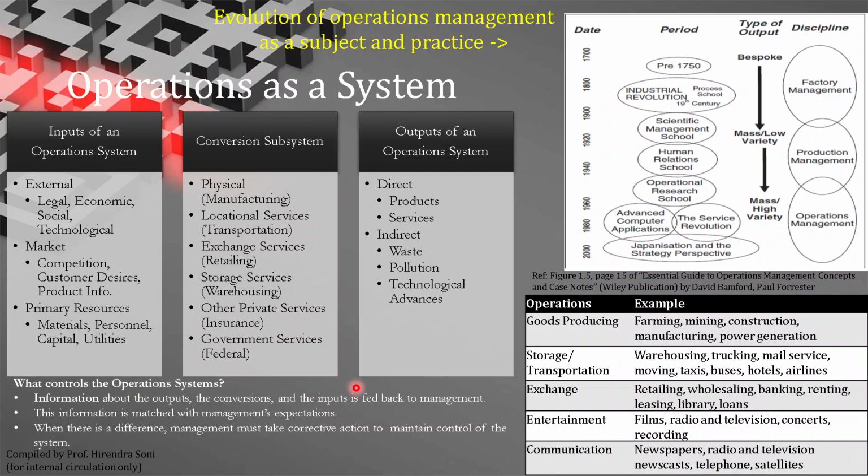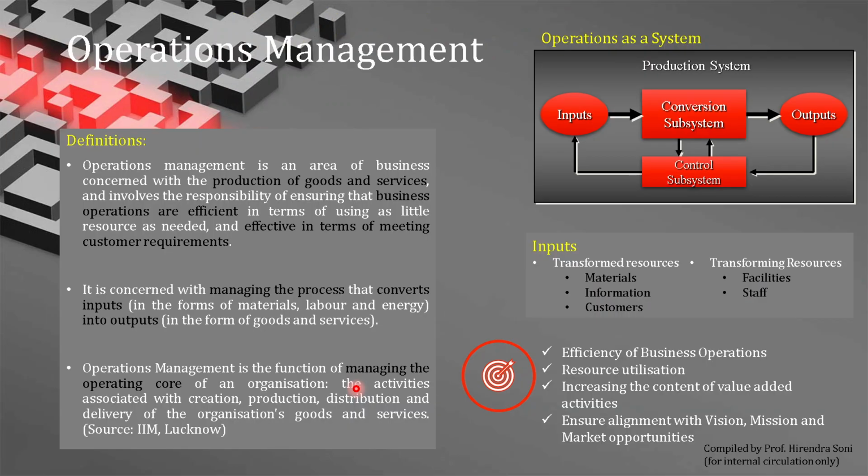So information all around. This acts as the most important aspect of the feedback loop that we have seen here. So information in terms of deviation from the output, information in terms of what kind of inputs are required, information in terms of fine tuning of the conversion system so that desired outputs are achieved.